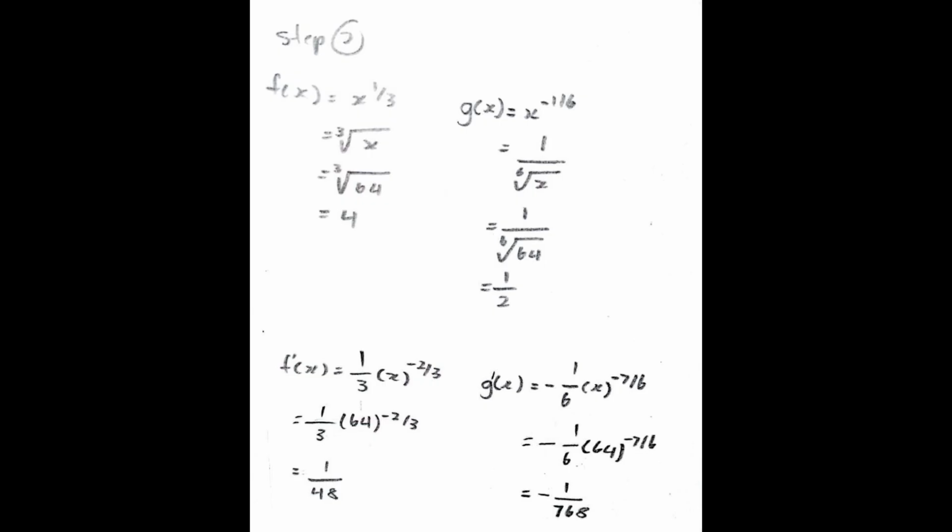Then we differentiate f(x): f'(x) is 1 over 3 times x to the power of negative 2 over 3, and we got 1 over 48. And g'(x) is negative 1 over 6 times x to the power of negative 7 over 6, and we got negative 1 over 768.